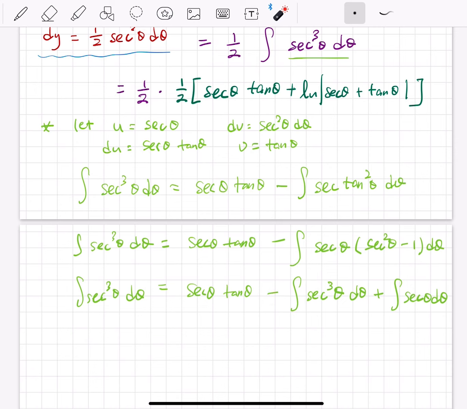That is where this 1/2 is coming from, and this one is the antiderivative of the secant, which is this portion. Okay, that is not the focus here, so I'm going to erase it.